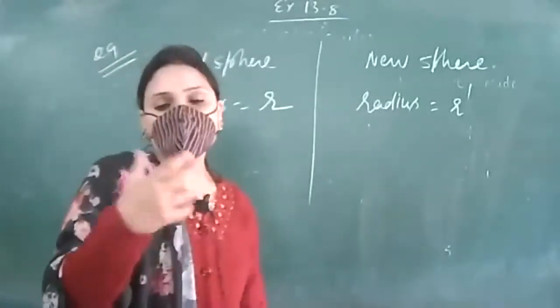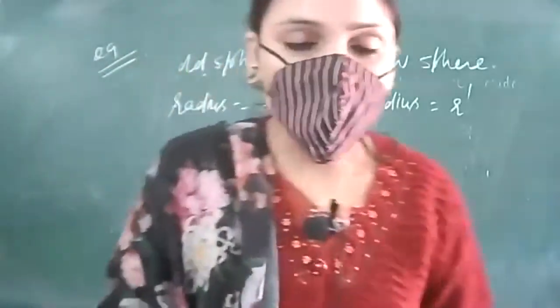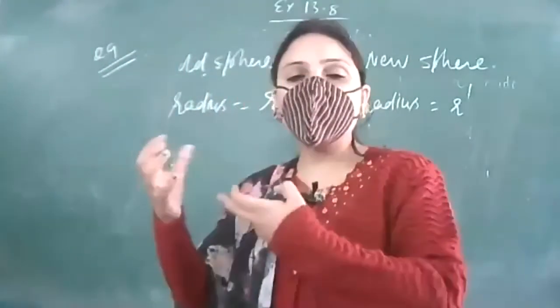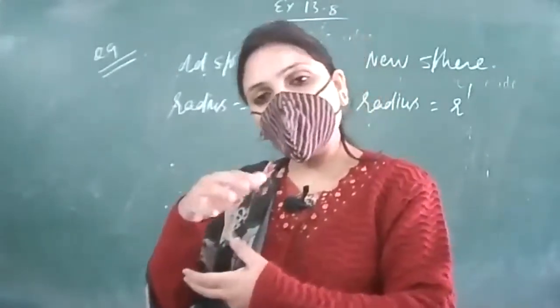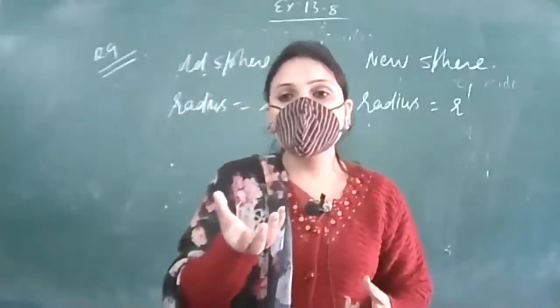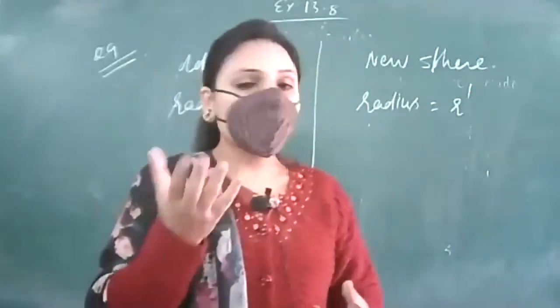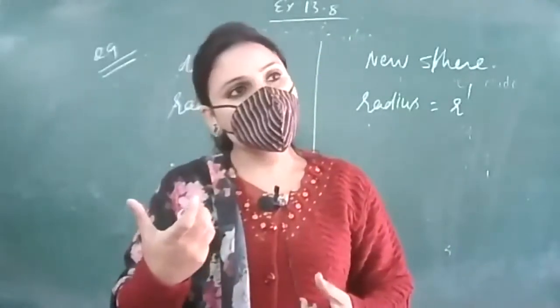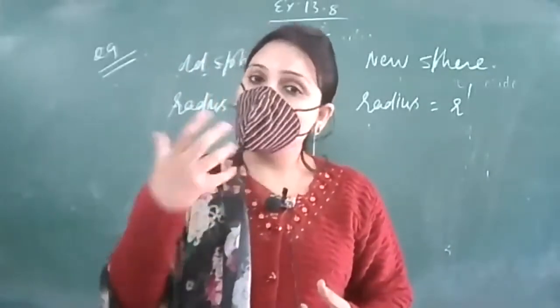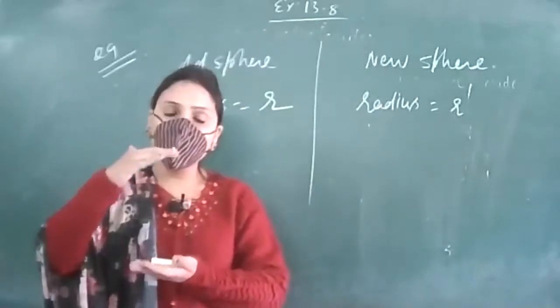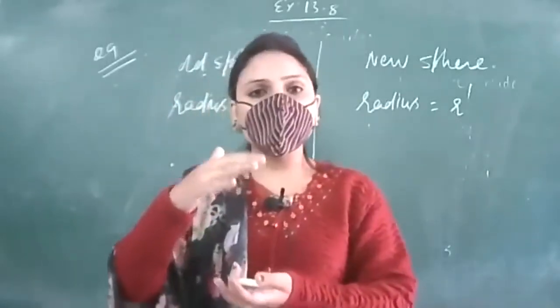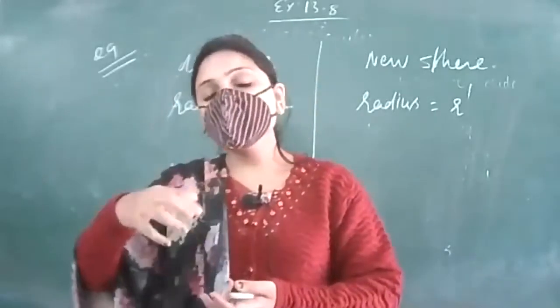Right? Now the same thing that we have discussed earlier also. Suppose we are melting a candle and we are putting the wax of that candle after melting in small diyas, then volume of the candle will be same as that of the diyas that we have filled with the candles. Same as we are having a jug full of water. Suppose we are filling that water in the 6 glasses.